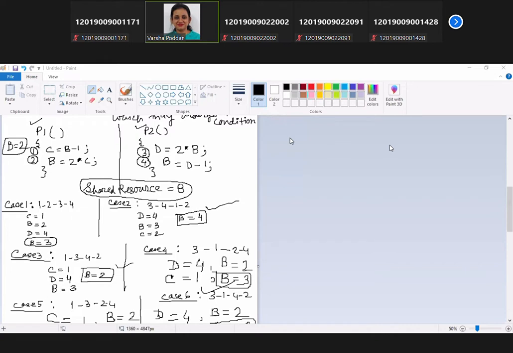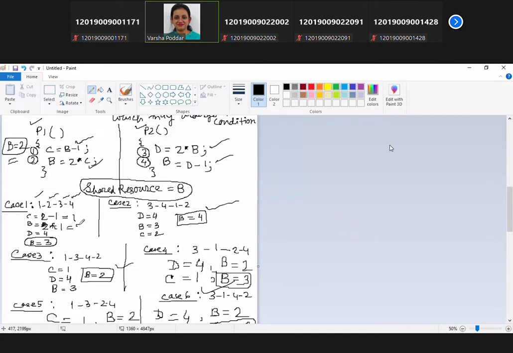How you are getting the values? Just by plus and minus. B is equals to 2. So the sequence is 1, then 2, then 3, then 4. This is my case 1. Calculate 1. C equals to B minus 1. So B is 2, so 2 minus 1 equals to 1. B equals to 2 into C. What is the value of C? 1.